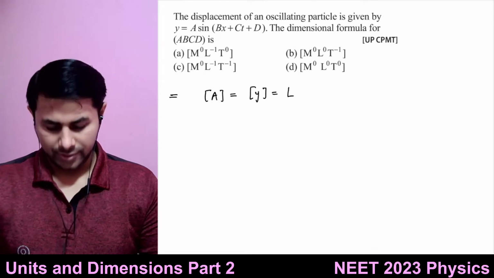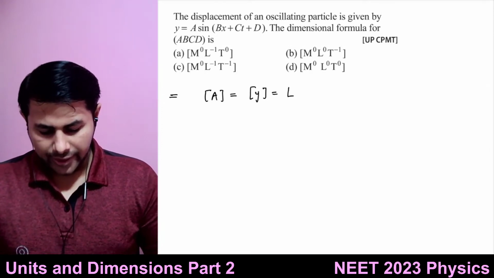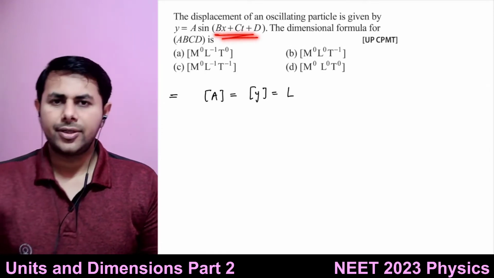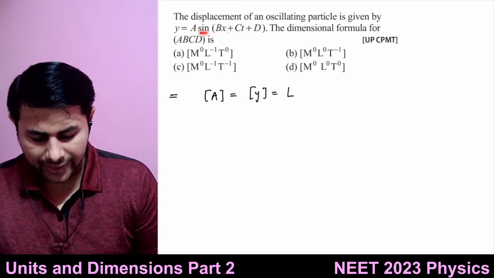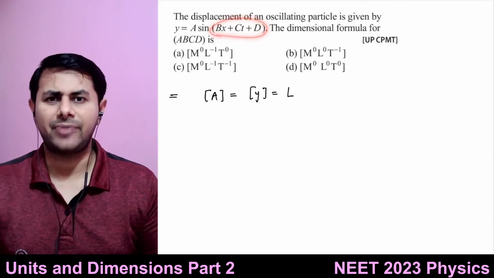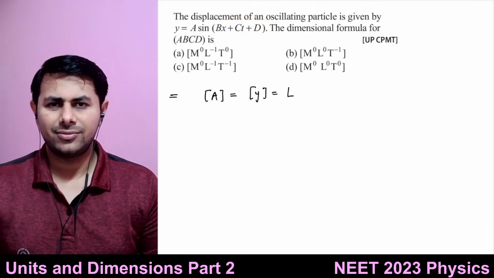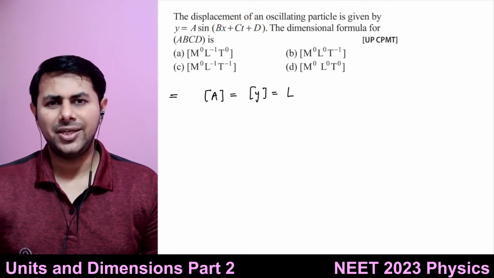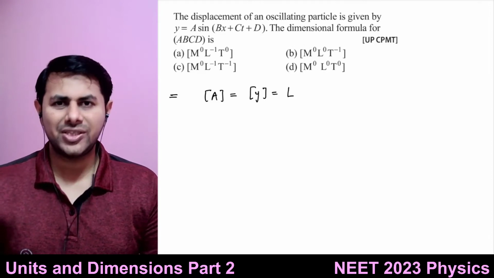Yes, sir. Okay. Then this term here, we have sine of something. So what could be there inside that bracket? We take sine, cosine, or tan of which thing?